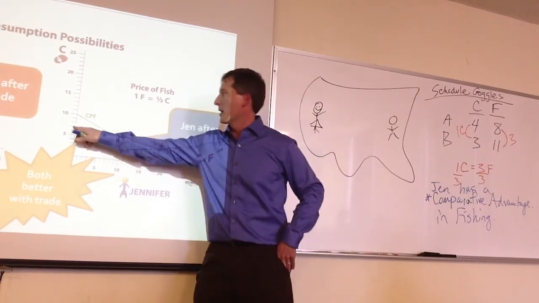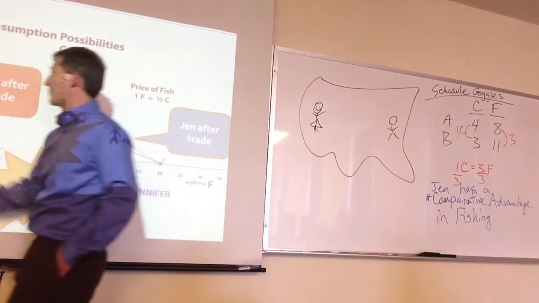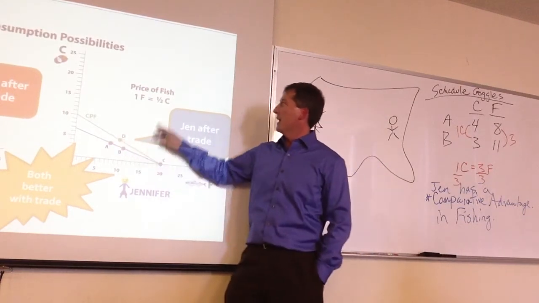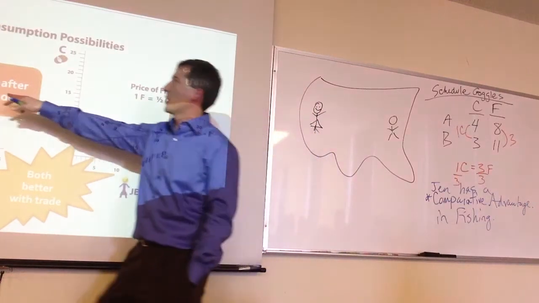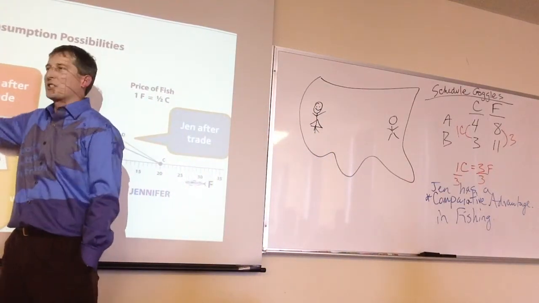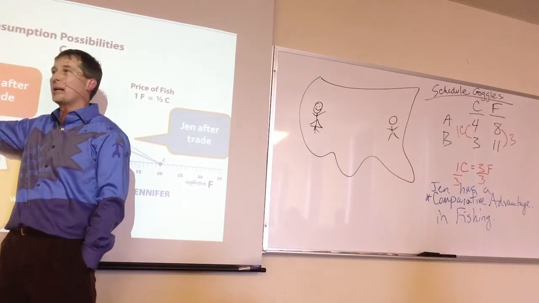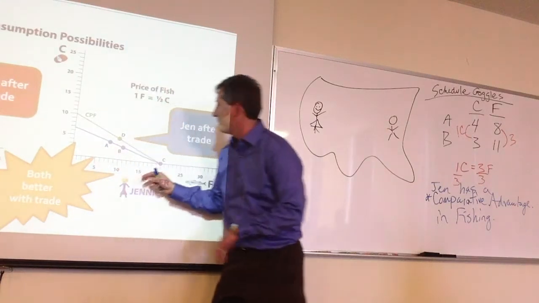So that'd be anywhere along A and B is where Jen can be. Anywhere along this orange curve is where Tom can be. Here's the beauty of trade. So if they come to terms on a price of 1 coconut equals 2 fish, remember I'm just arbitrarily picking somewhere that's in the middle. Who knows how that price came to be? This is how that trade would map out.